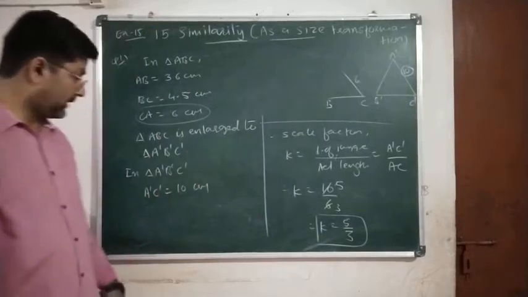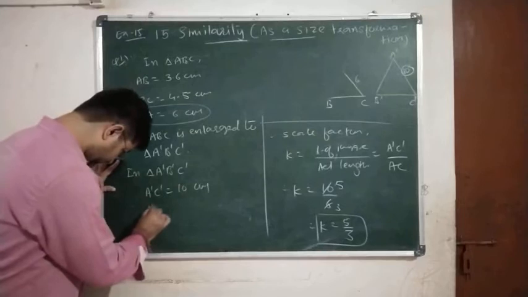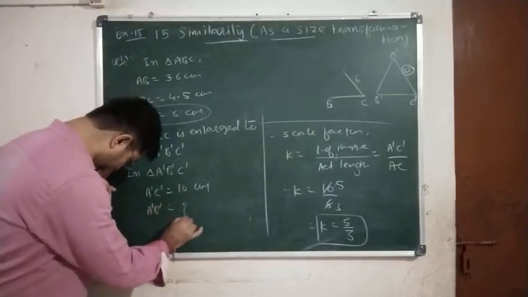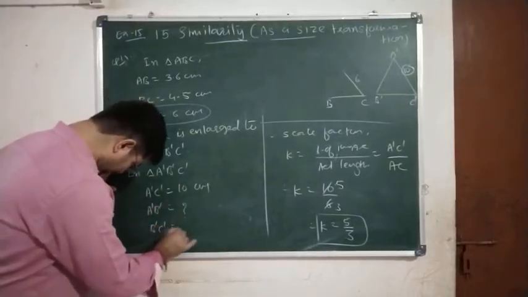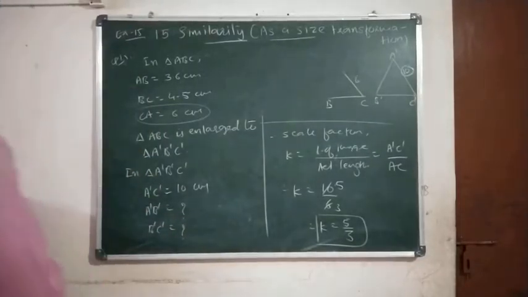Now you can find out the other two sides of A'B'C'. Which are those two sides? One is A'B' and another one is B'C'. These two sides we have to find. So now let us find out A'B'.